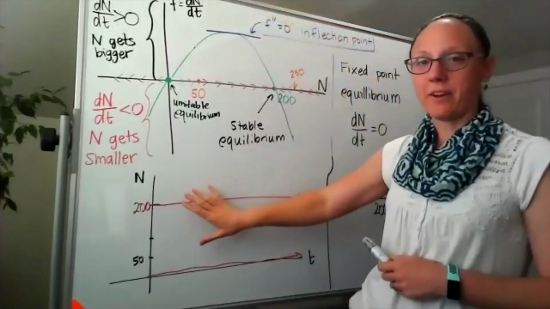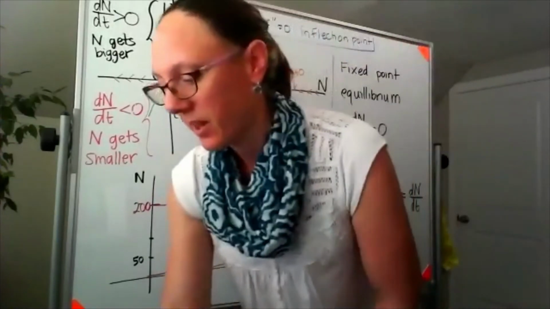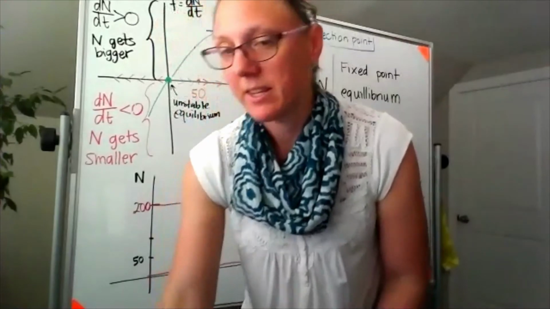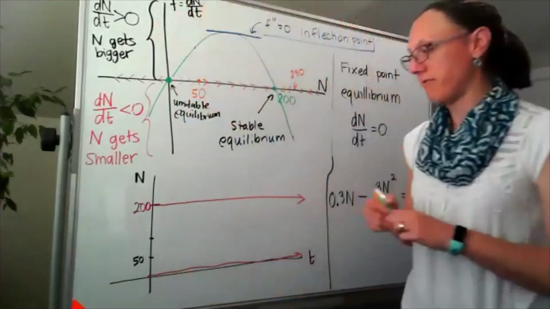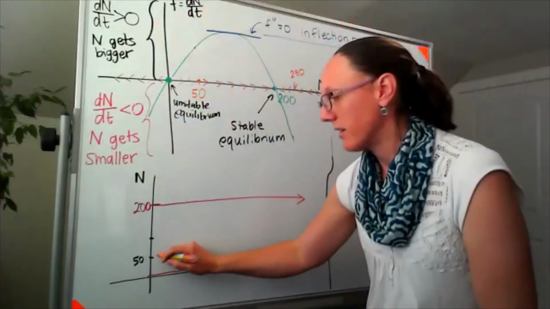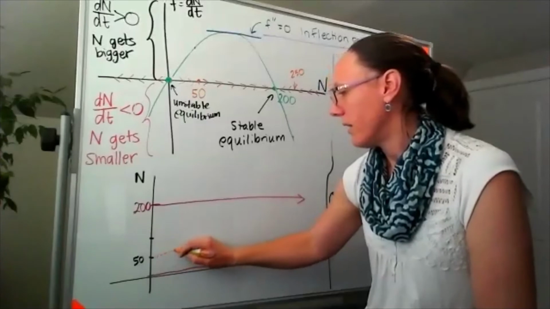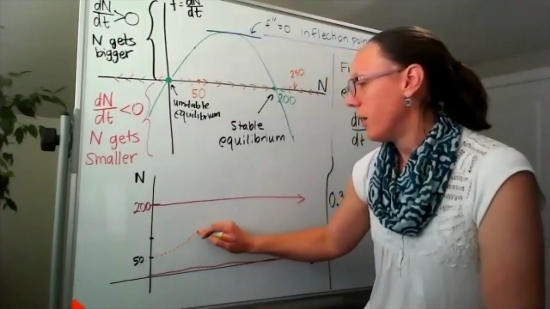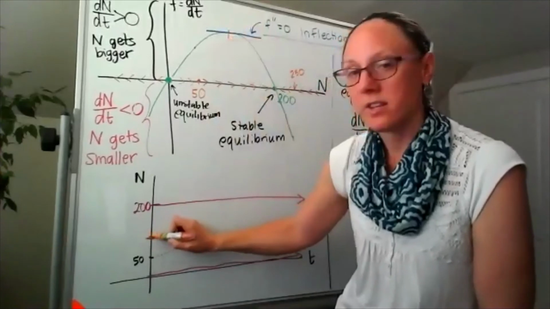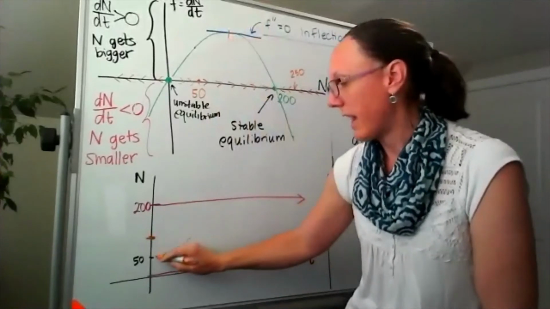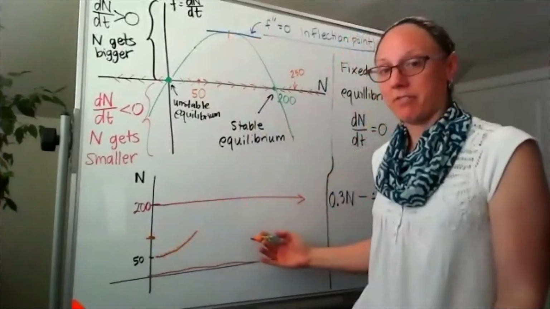So when I come down here to be looking at this graph, what actually happens is we start off with a population of 50 and we're growing, but we hit that value that corresponds to the inflection point, and we're going to get an inflection here.